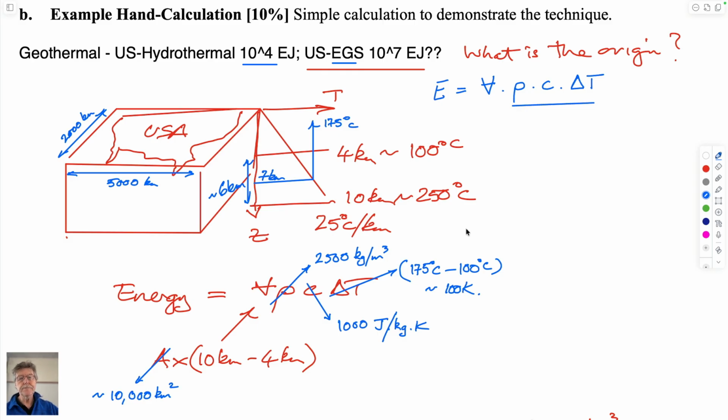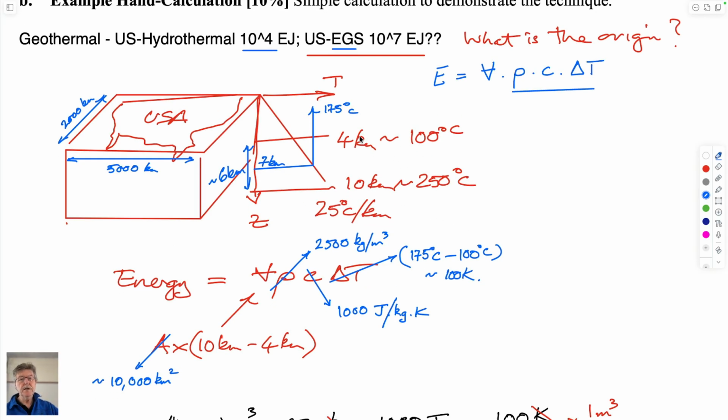So if we take this, then the volume is given by 2,000 by 5,000 kilometers. If we look at the estimates for this, if we do it between 4 kilometers and 10 kilometers, so this distance here is 6 kilometers.